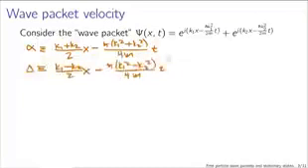So given these definitions, you can express this as e to the i alpha plus delta plus e to the i alpha minus delta.